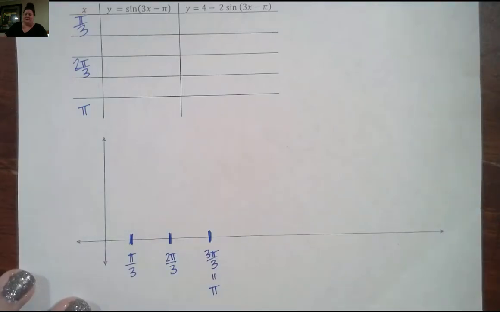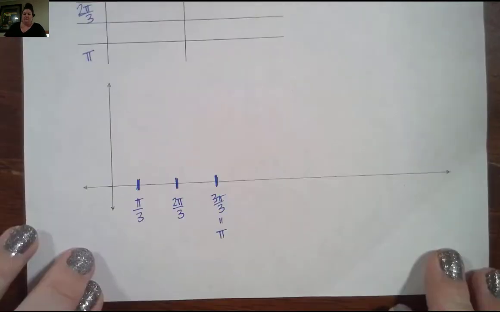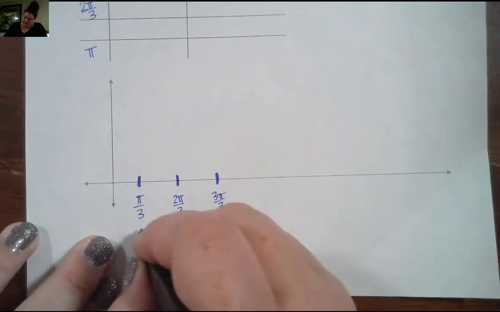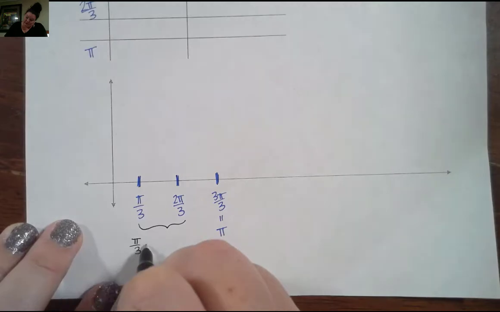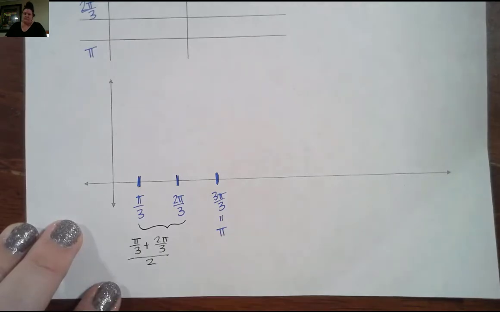So that only gives us 3 points. So again, we're going to have to find those intermediate values. Let's just go ahead and find our midpoint. Okay? So if I want to find the midpoint here, I'm going to do pi over 3 plus 2 pi over 3 and divide that by 2.